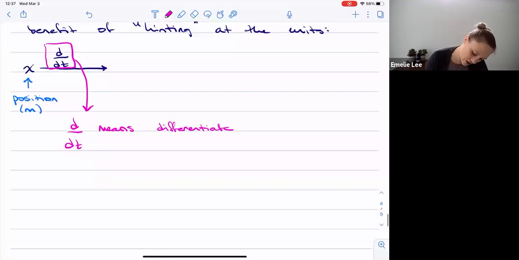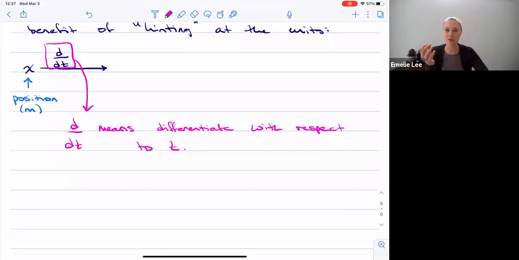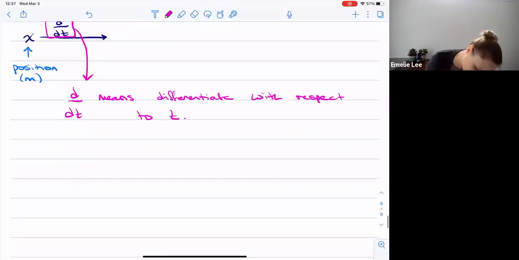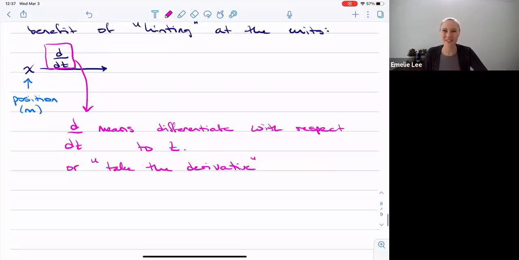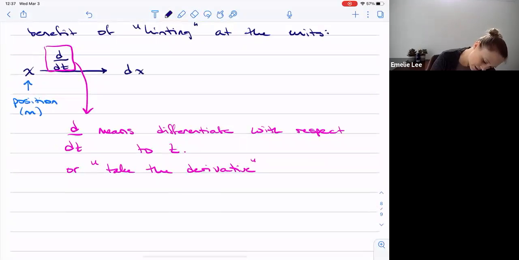So it means differentiate with respect to t, which really just means take the derivative, right? So the arrow is just indicating take the derivative of the position function. So you have this position and then you take the derivative and then you end up at dx dt.